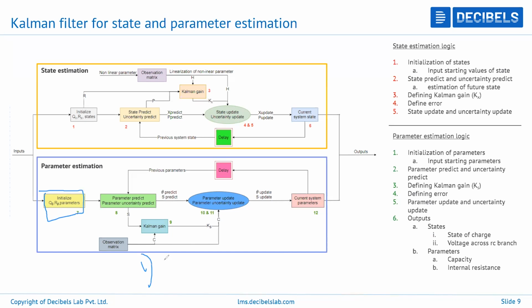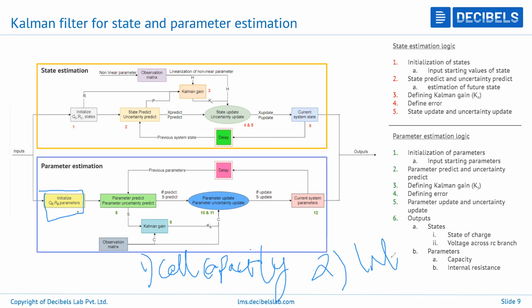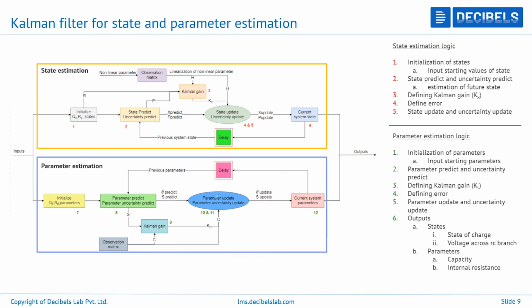One is cell capacity, and the second one is internal resistance. These are the two parameters that will be initialized, and then again using the same logic: prediction, correction or update, along with the Kalman gain. The same process is followed.